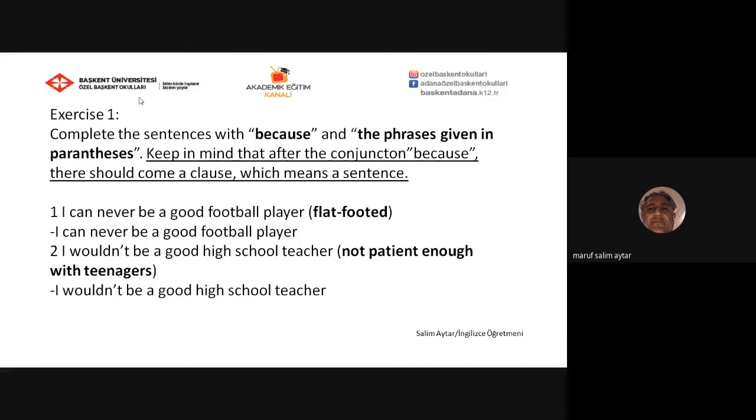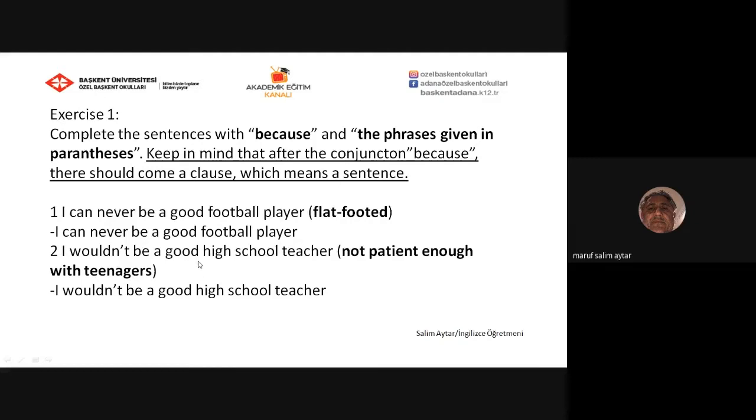In short, after because, we need to have a sentence. Okay? The first one goes like, "I can never be a good football player." What is the reason for my not being a good football player?